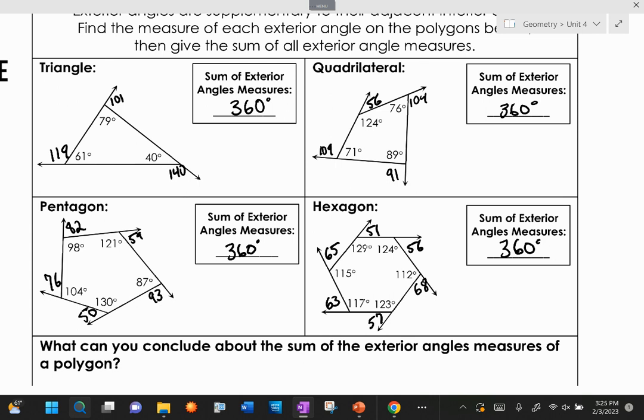If you are waiting on that, now you may go on and do 7, 8, 9, and 10. Once you finish the exterior angle, quadrilateral, pentagon, and hexagon, you can check your answers up here.